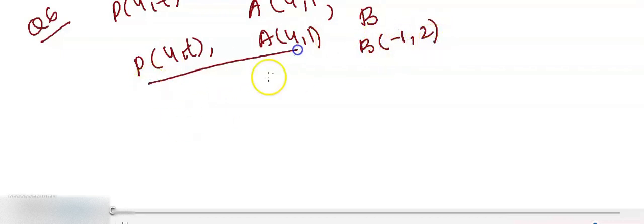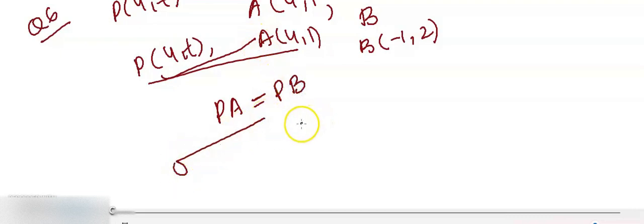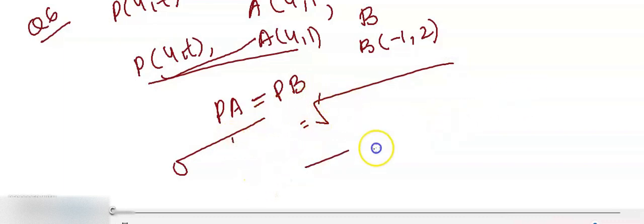It says that P is equidistant, which means the distance PA and PB is the same. So you just use the distance between 2 points formula and then square both sides. This will be cancelled, and then you will follow on and find the value of t. Okay, so let's move to next.